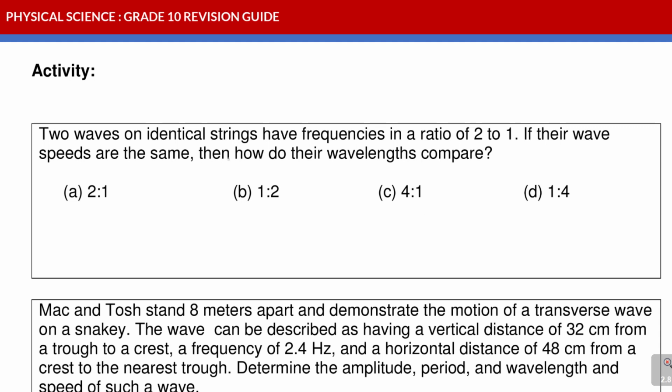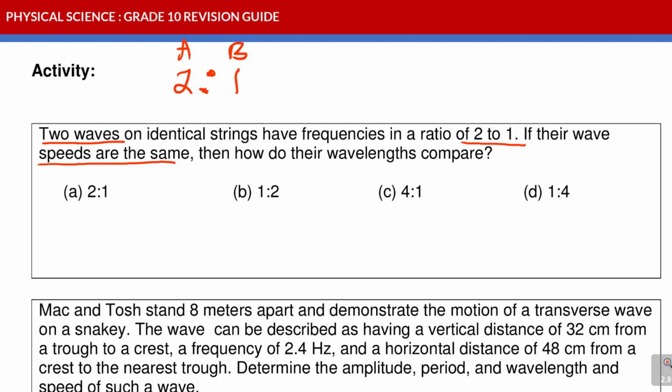We are saying two waves on identical strings have frequencies 2:1. So these are two waves. Wave A has a frequency of 2 to wave B's 1, right? If their wave speeds are the same, so remember they are on the same medium, the same string, how do their wavelengths compare?